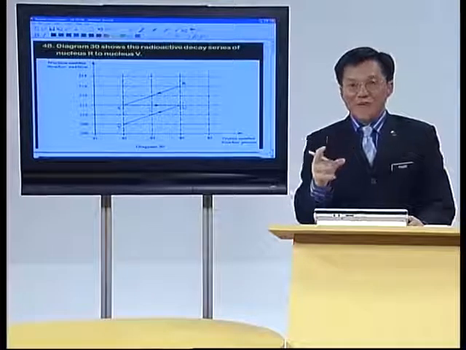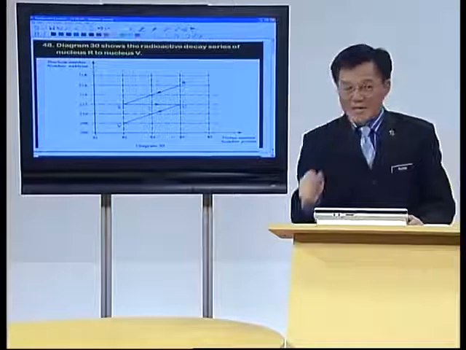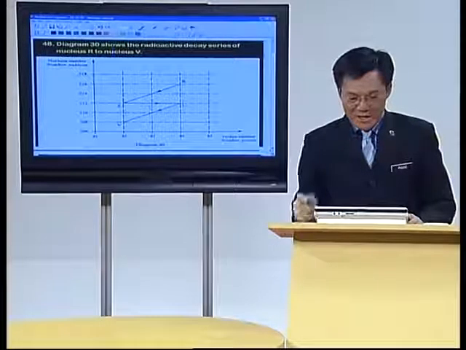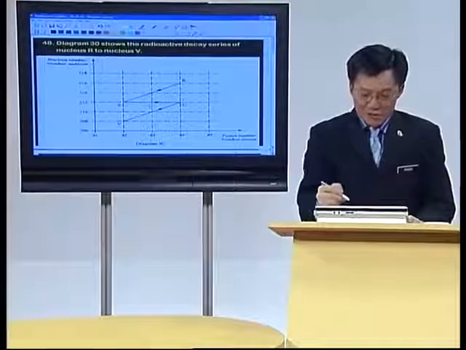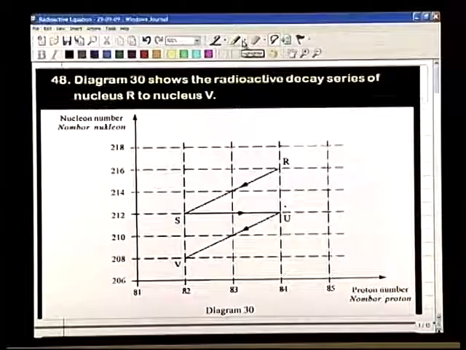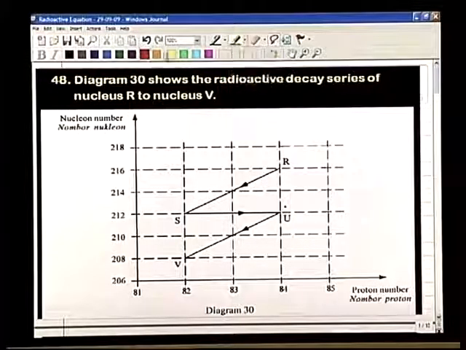There are a few very important things that you must take note of. Number one, it says from nucleus R to V. So let me do the highlighting. I'll choose something.